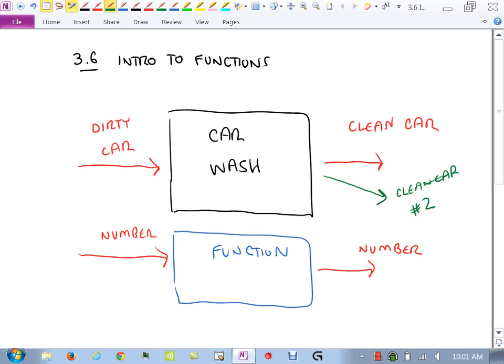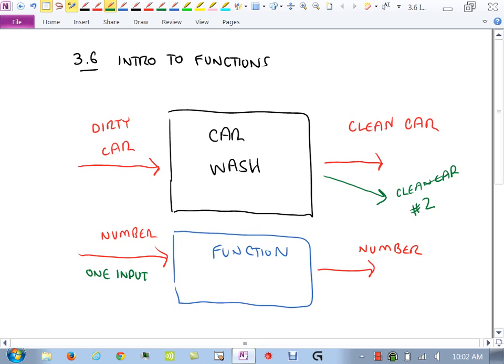And functions don't work that way either. When you plug in a single number, it needs to spit out a single number. It can't take a number in and spit out 2 numbers. If it does, it's no longer called a function. It's just called a relation, and we're not going to talk about that. So I'm going to write underneath the number: 1 input, 1 output.